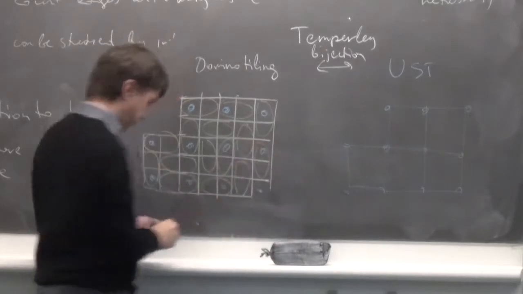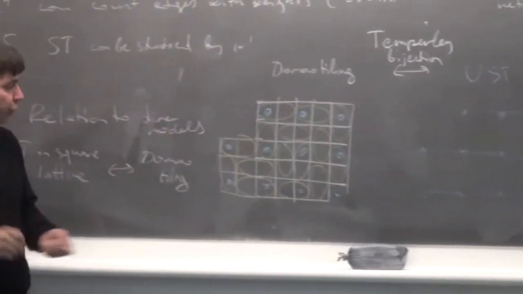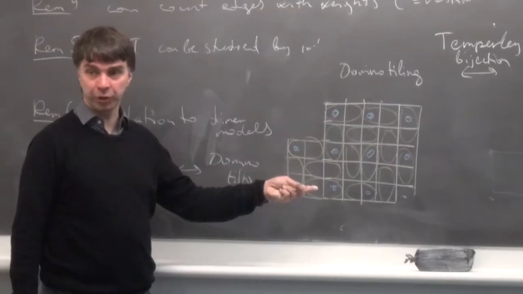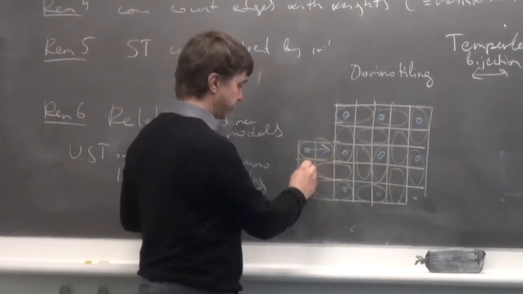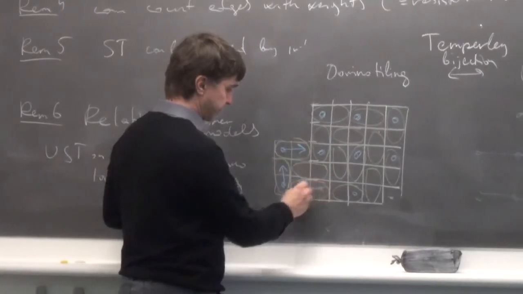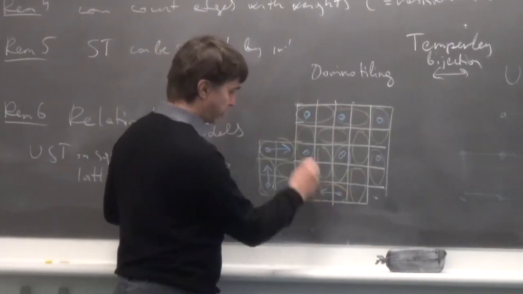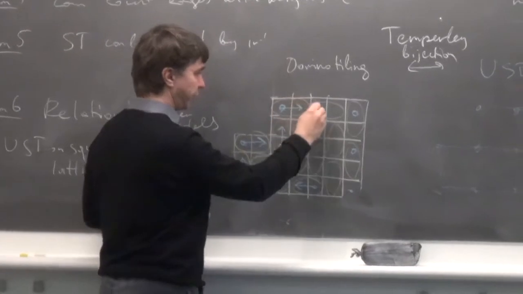Okay. Now, as you noticed, every blue vertex is covered by a domino. So we draw an arrow for the domino which covers the blue vertex. Not all the dominoes cover a blue vertex, but every blue vertex is covered.